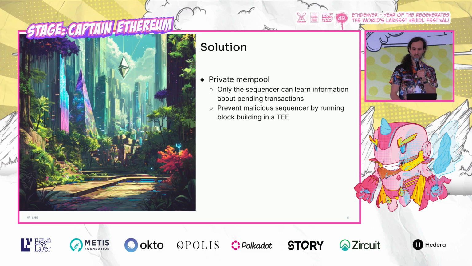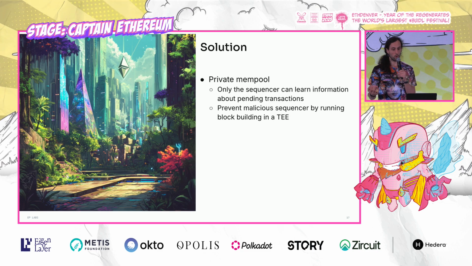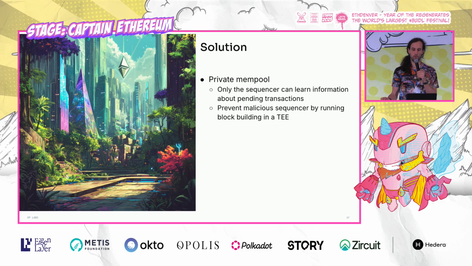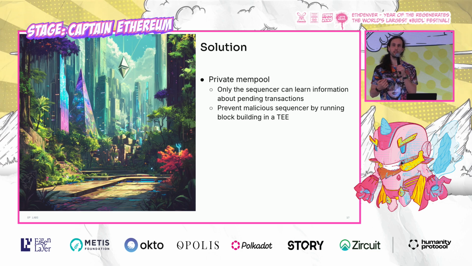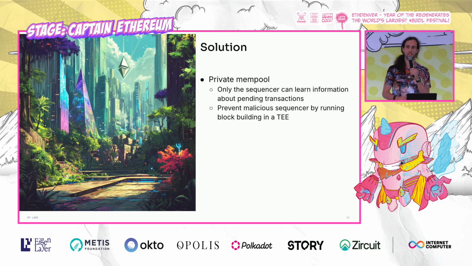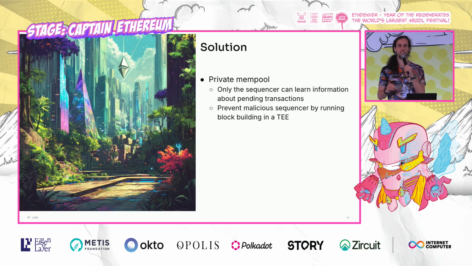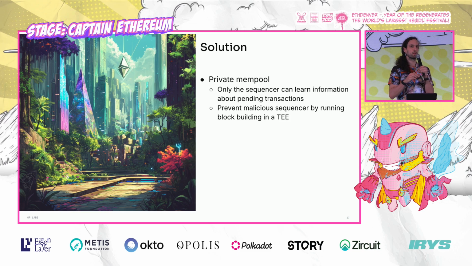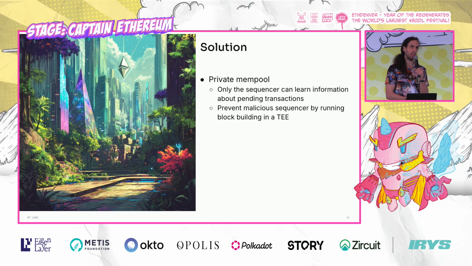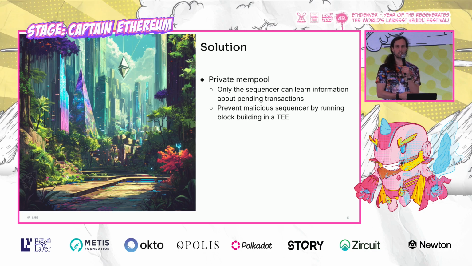It's the dark forest. So with the OP stack, we have this idea of a private mempool where only the sequencer can learn information about the pending transactions. This prevents malicious actors from going in and extracting MEV from the users.